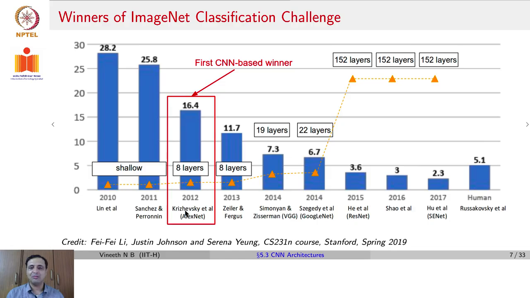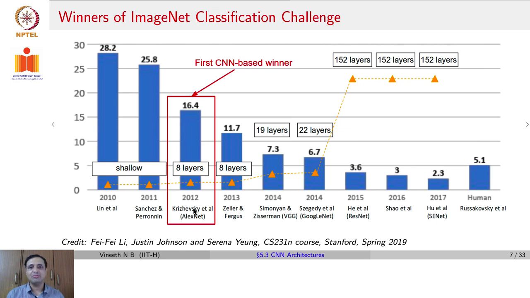And in 2012, Alex Krizhevsky and Geoffrey Hinton came up with a CNN architecture popular to this day as AlexNet, which reduced the error from 25.8 to 16.4, which was a significant improvement at that time. So this was the first winner of the ImageNet challenge which was based on a CNN.